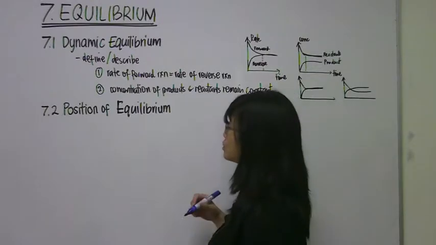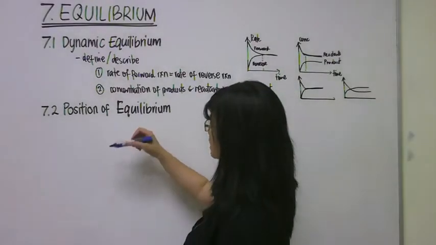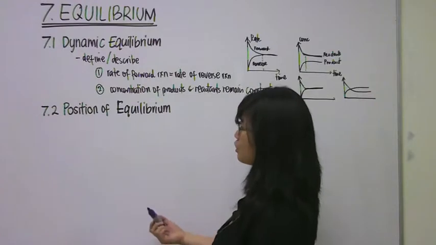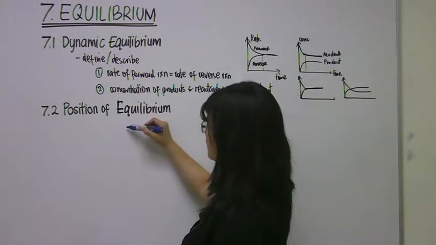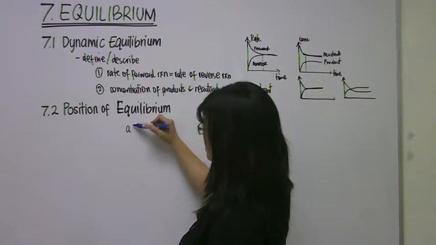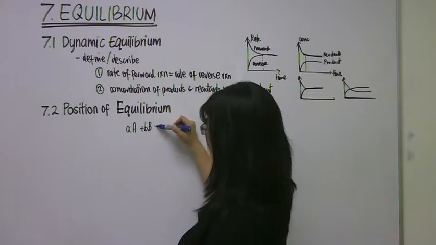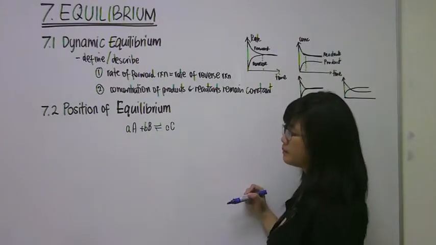The next one is position of equilibrium. You need to know how to write a Kc, which is the equilibrium expression of a reaction. Let's say, for example, I have a amount of A reacting with b amount of B, giving me something like that, okay?